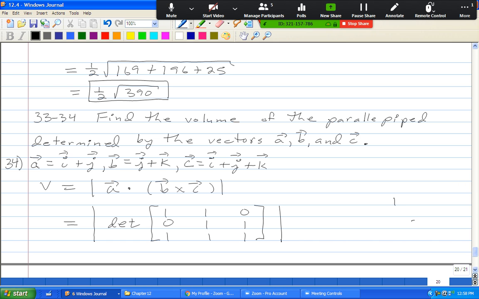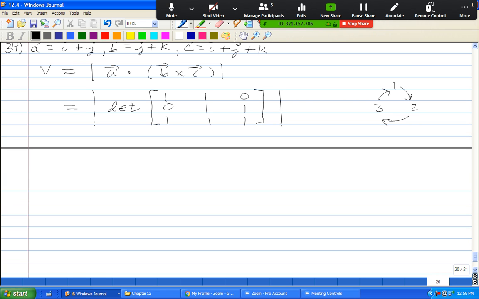And so let's do 1, 2, 3. And so this is equal to, you multiply 2 and 3. And so it's going to be 1 plus.